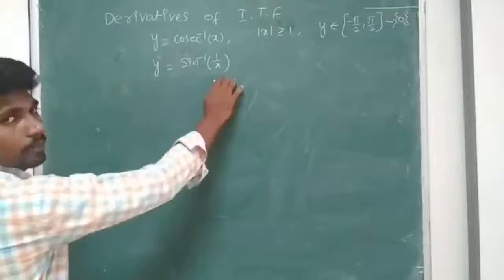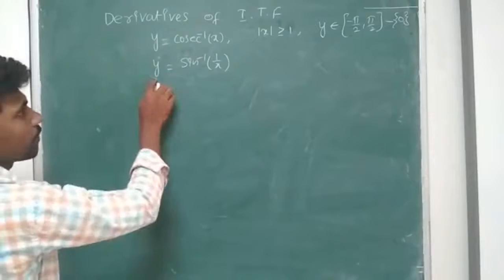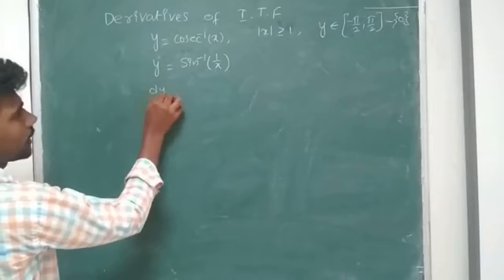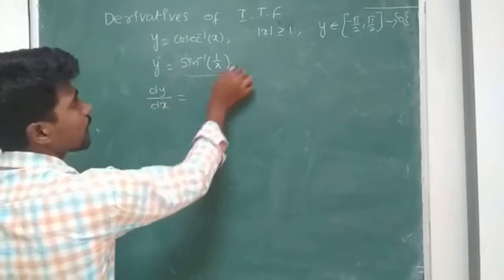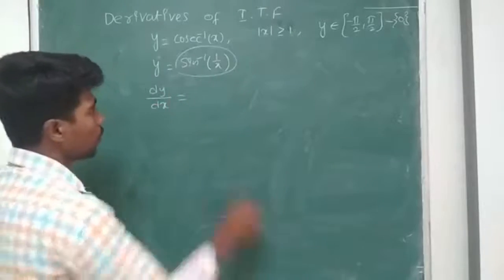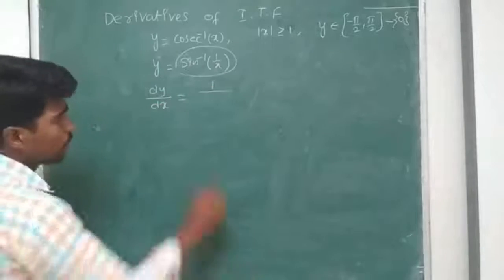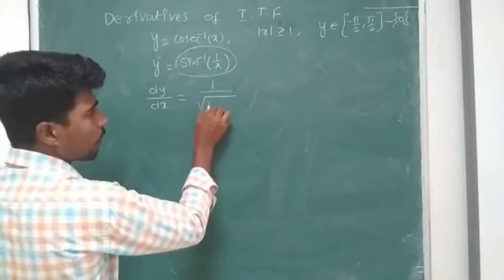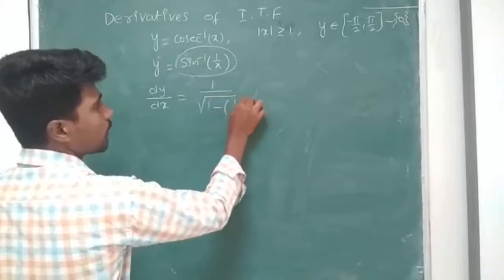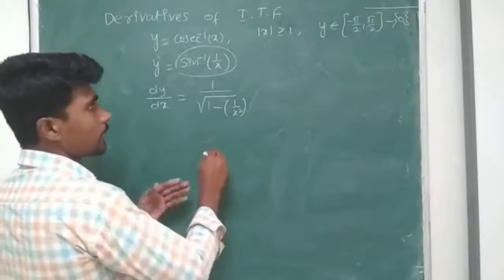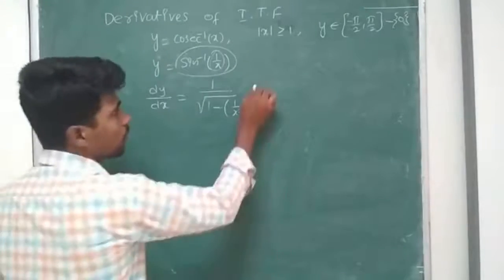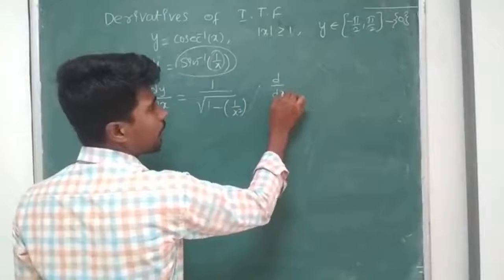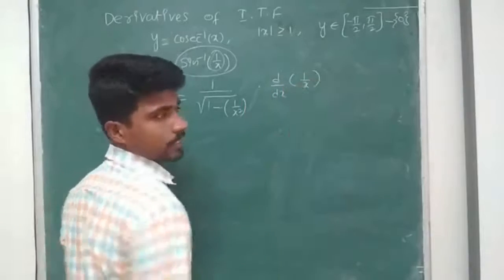Next, if I do differentiation with respect to x, I get dy by dx is equal to, differentiation of sin inverse x, just now we found, 1 by root of 1 minus x square, but it is not x. Whenever it is not x, what we have to do? We have to take its derivative, d by dx of 1 by x.